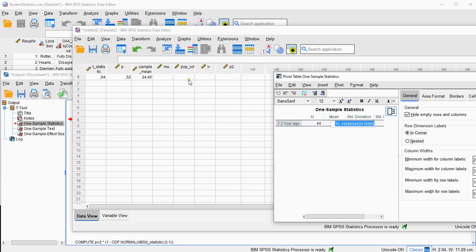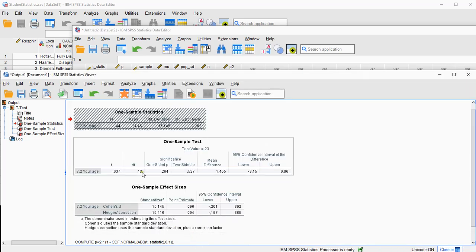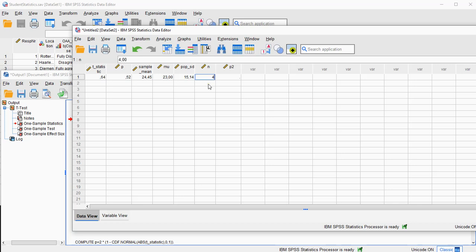Let's say the population standard deviation was actually that sample one. I have a separate video where you can calculate population standard deviations with SPSS. My hypothesized mean was 23, and the sample size, I can quickly check from the output again, it was 44. So I can just type in 44.